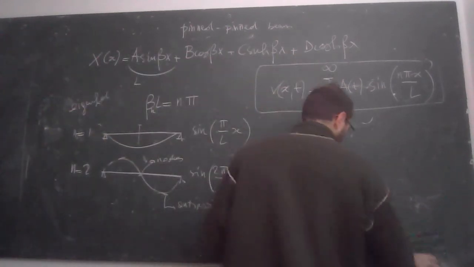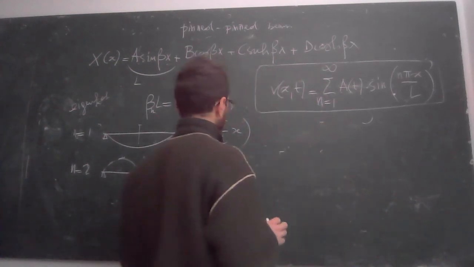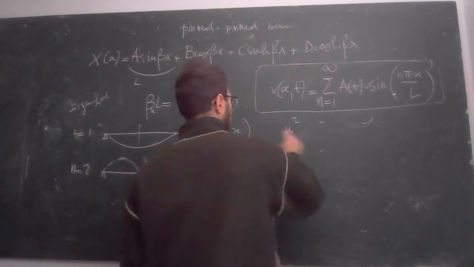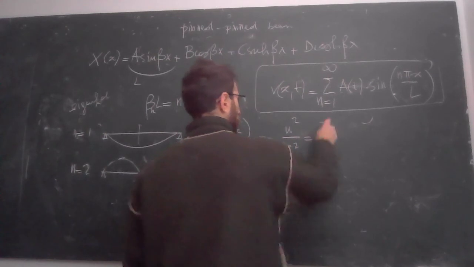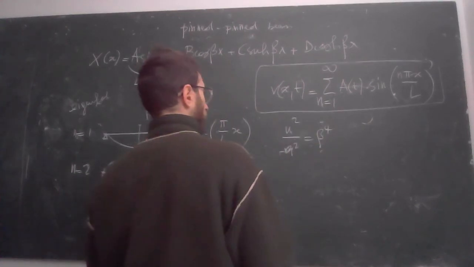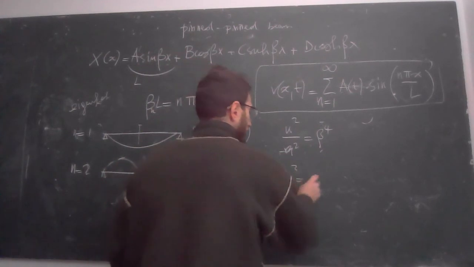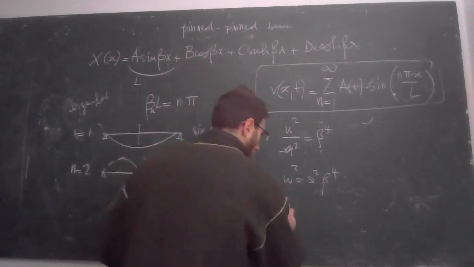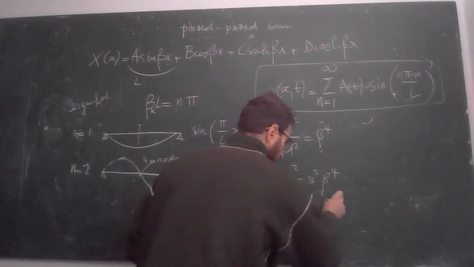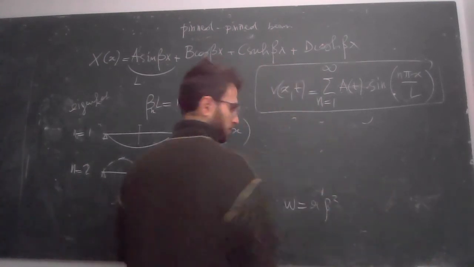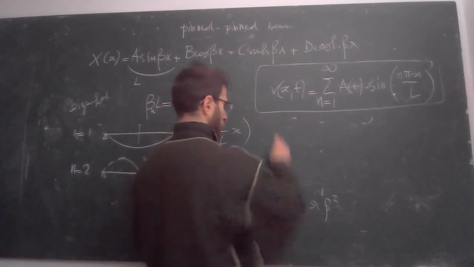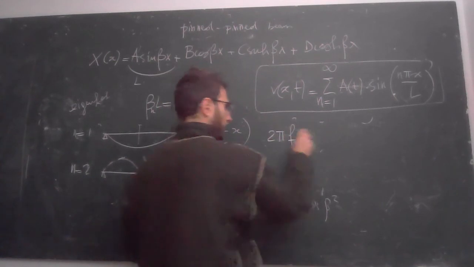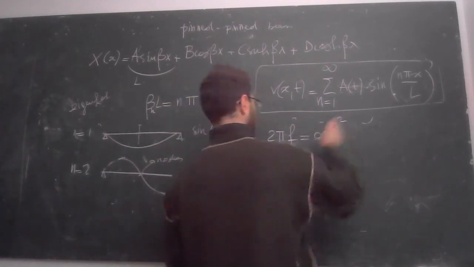We wrote before, let me remember, that omega square over a square is equal to beta square. So omega square is a square beta square, and so omega is a beta square. Omega is 2 pi f, so 2 pi f is a beta square.